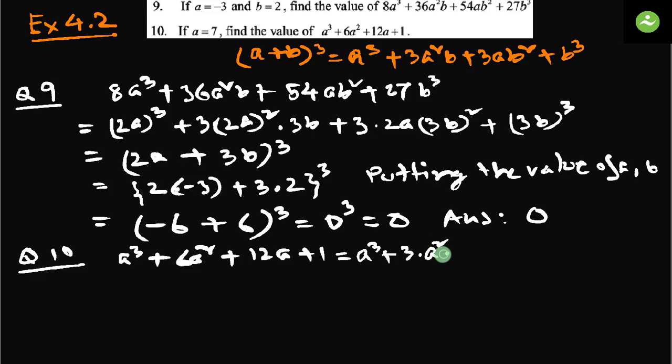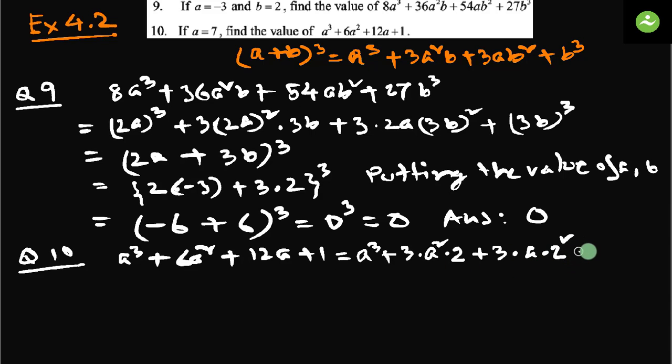How much should we write so that it equals 6a square? We can write 2 and 3ab square. 3ab square, how much is b? 2. So 2 square, is it equal to 12a? Yes, 3 into 4, 12a.